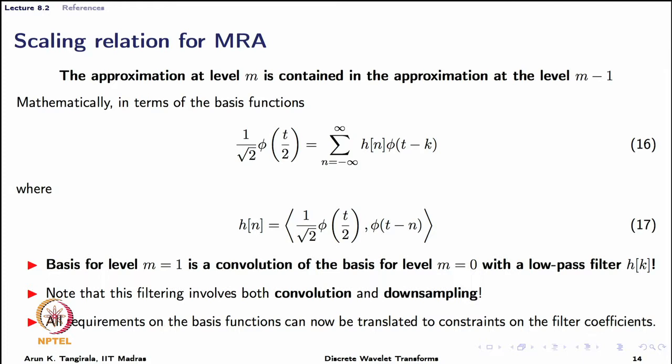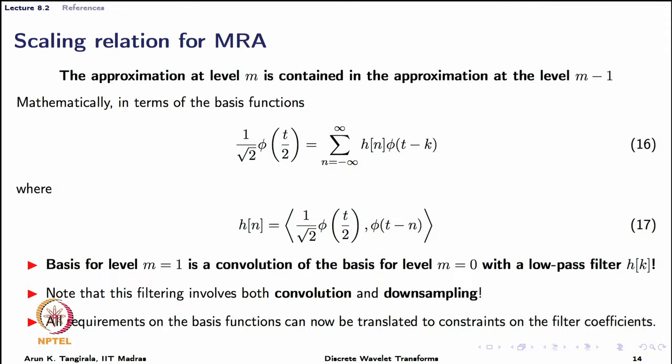Now, this is a generic statement, m can be 0, 1, 2, whatever. If I choose m as 1, let us say, then I am looking at a scale 2, and what this statement means is that the approximation at level 1 is contained in the approximation at level 0.